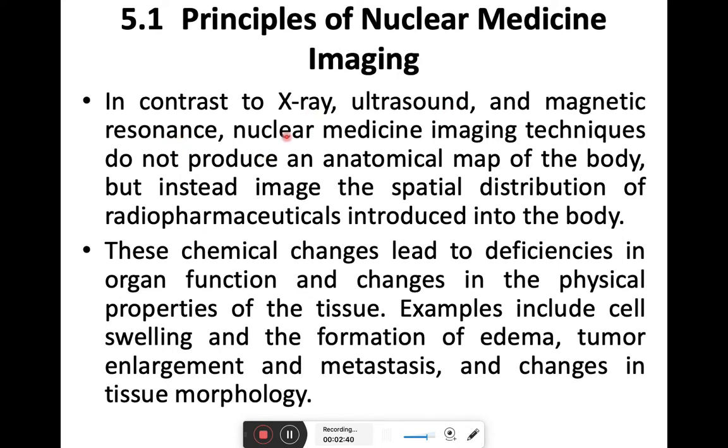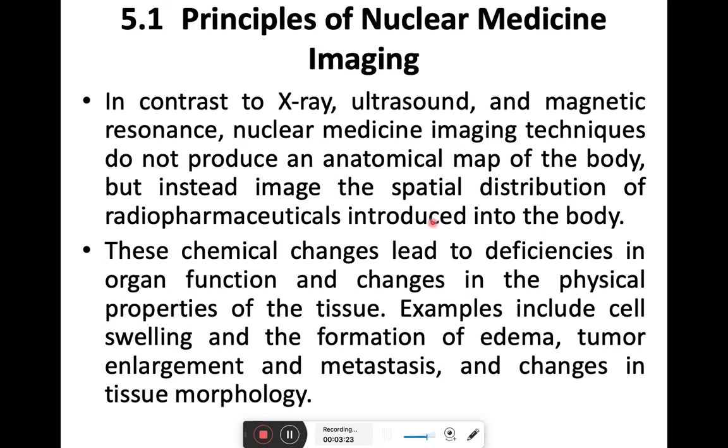This is because the NMI will produce the image of the spatial distribution of the radiopharmaceuticals which is introduced or injected into the body. Rather than, for example, X-ray or ultrasound or MRI, which will produce the anatomical map of the body. So that is why when you map to the chest, you can see the figure of the body of that patient, except that it will only show you the bone anatomy.